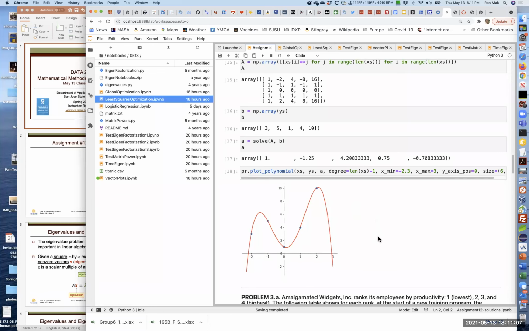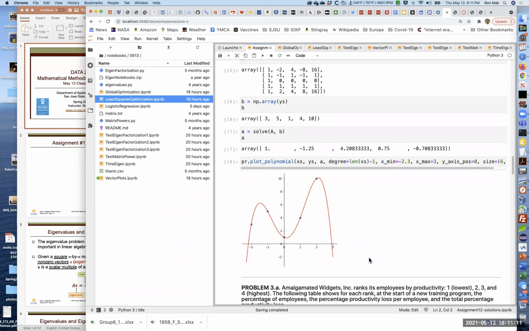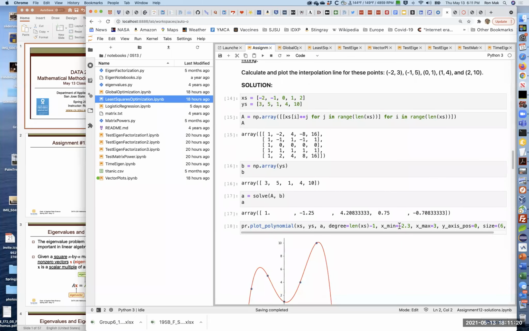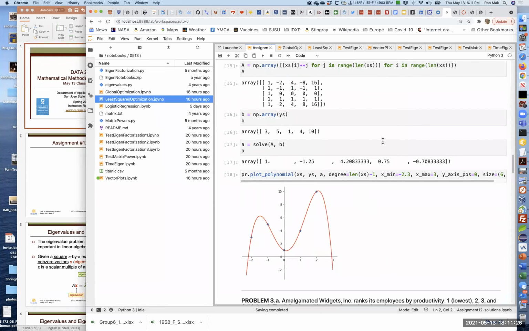Any questions so far? Professor, I have a doubt here. How to decide the x min and x max value here? Oh, the min and max. You know, I think I just played around with it until I got a graph that looked nice. So nothing magical here.